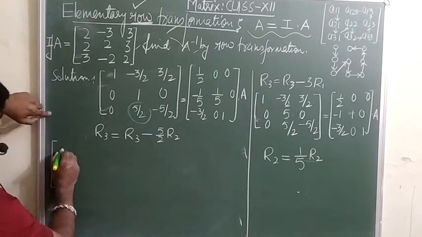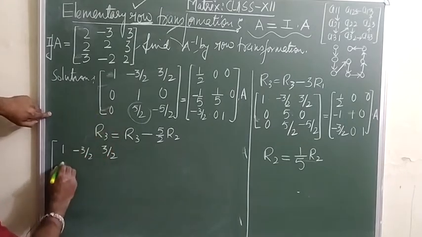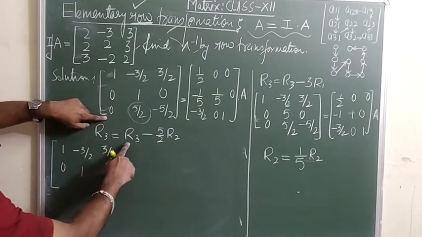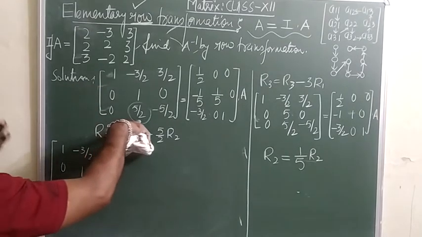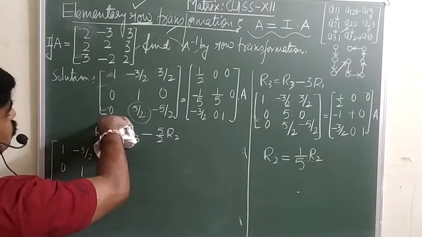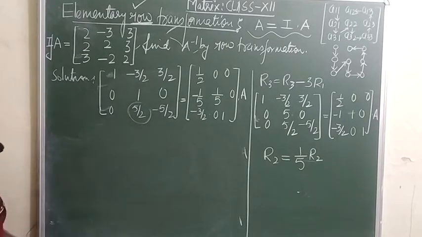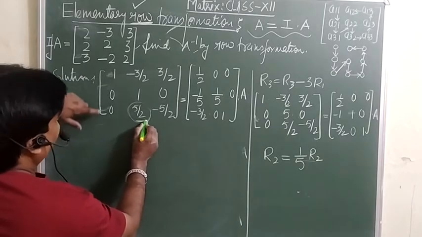This will remain as it is, 1, minus 3 by 2, plus 3 by 2; 0, 1, 0. Just look at here now. Because here we want to make it 0, but here it should not be changed.